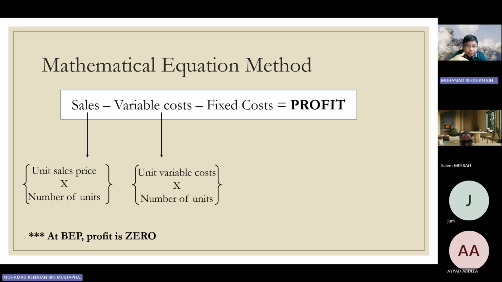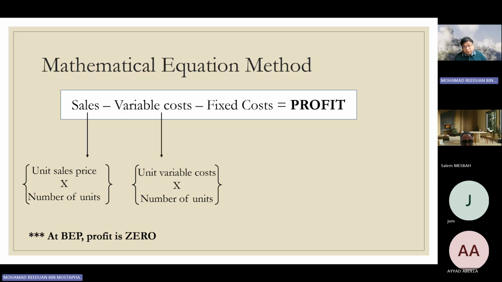In order for you to get the sales price, you need to calculate the unit sales price times the number of units. But in order for you to get the unit price, you need to get the total cost first, so that you know this is the minimum amount that you should charge in order to get profit.